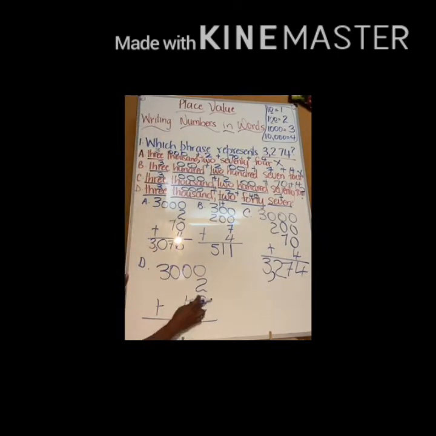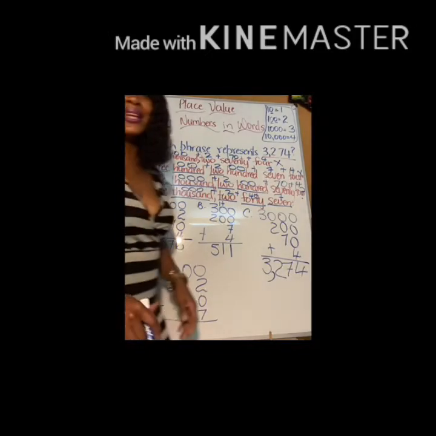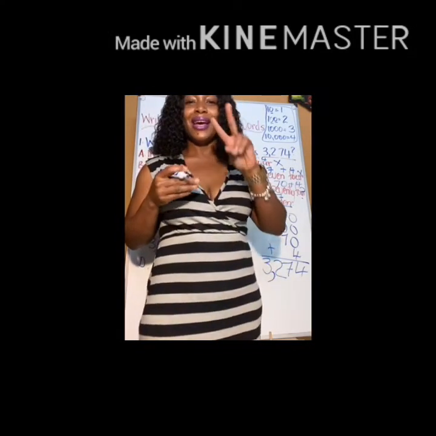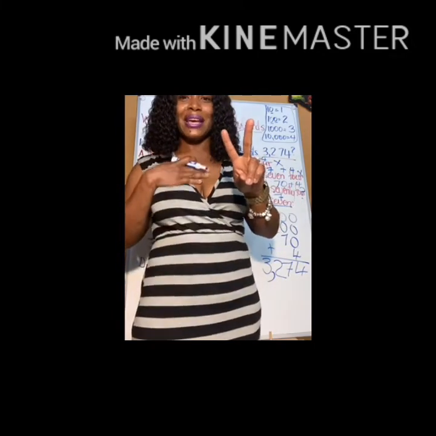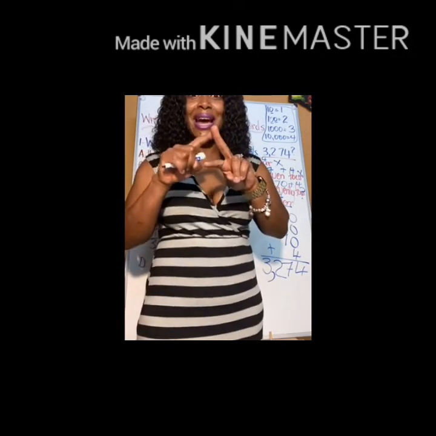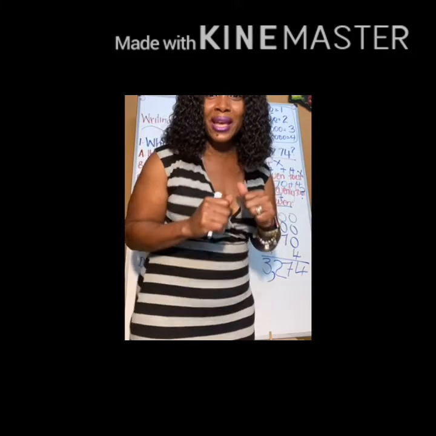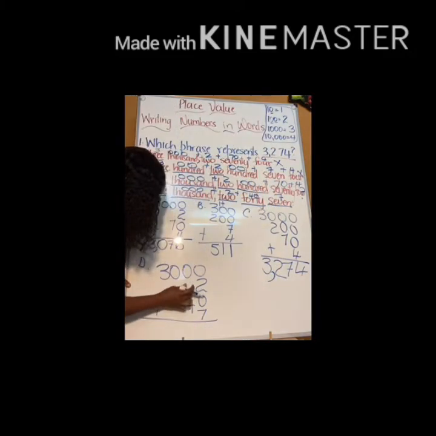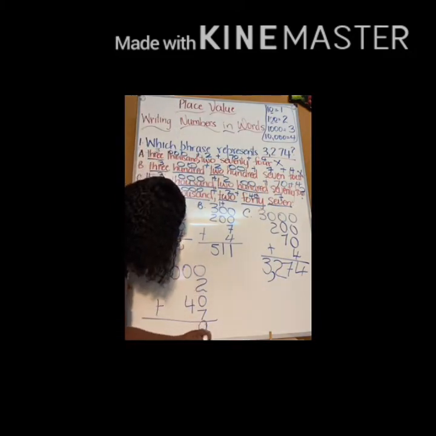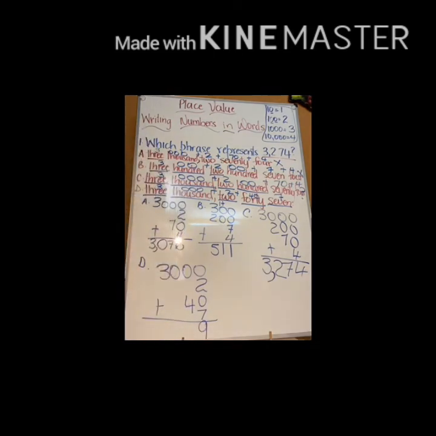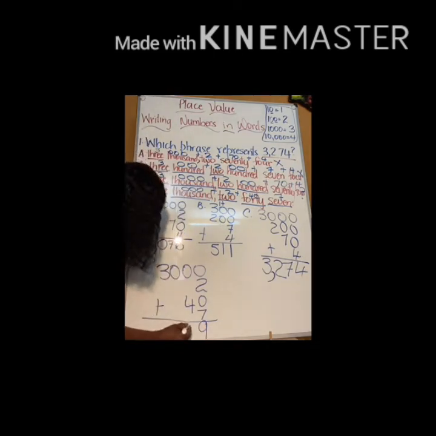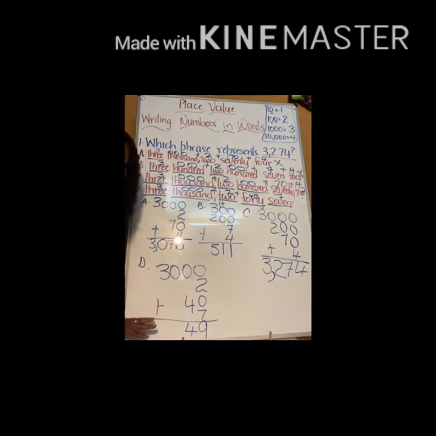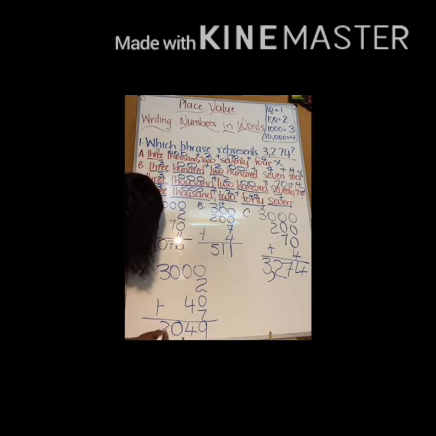7 plus 0 is still 7. So 7 plus 2. Again, I am 7. I'm adding 2. So 7, 8, 9. 7 plus 2 makes 9. And then 9 plus 0 is still 9. 4 plus 0 is 4. 0 plus nothing, still 0. 3 plus nothing, it is still 3. 1, 2, 3.